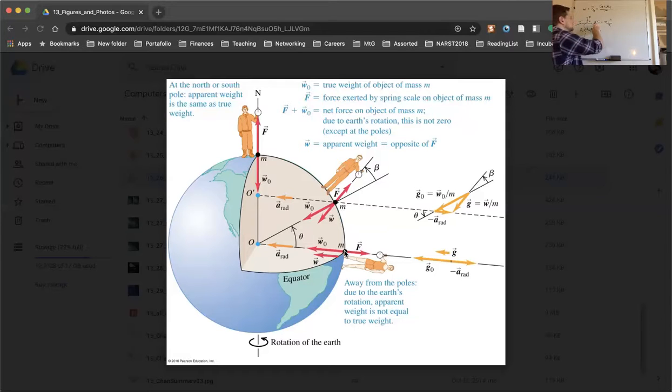The two forces in question, we know that this has to be radially inward, so I'm going to make that negative in this coordinate system. The force from the scale is up and positive. The actual weight of the object is down, equals negative mv squared over r.